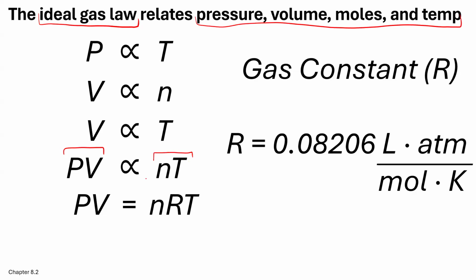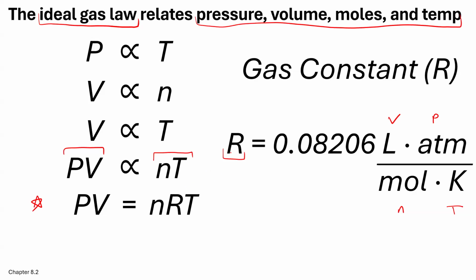All right, this is again from last chapter. We're consolidating these things now to make one equation, and the equation here is the ideal gas law. The only new concept here is we're putting in R, which is a constant. This helps you convert back and forth and kind of manage all these units, right? We have volume in liters, pressure in ATM, we have moles in moles, and we have temperature in Kelvin.